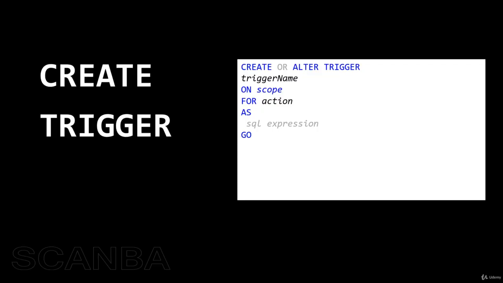When we create a trigger, we have to specify its scope, a certain table, a database, or the whole server. The most commonly used triggers are those that react on table insert, update, or delete actions. Like other functions, triggers can be nested to a maximum of 32 levels.